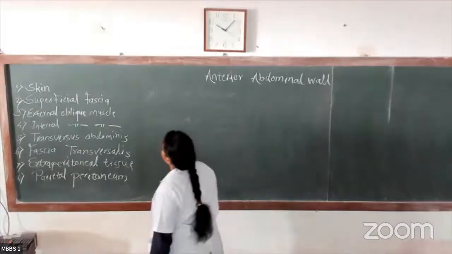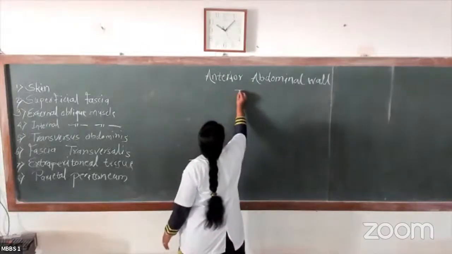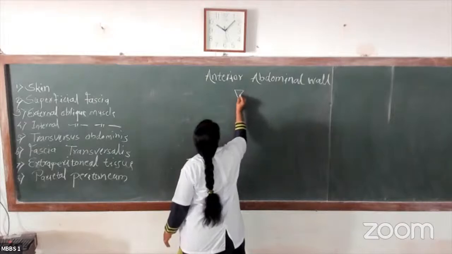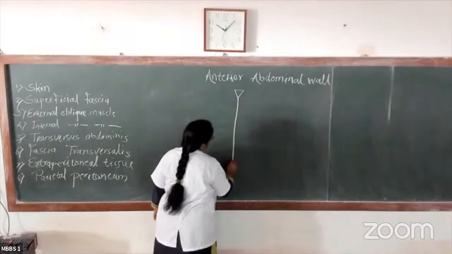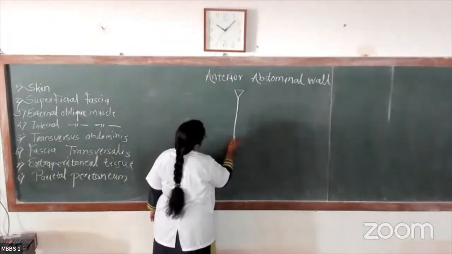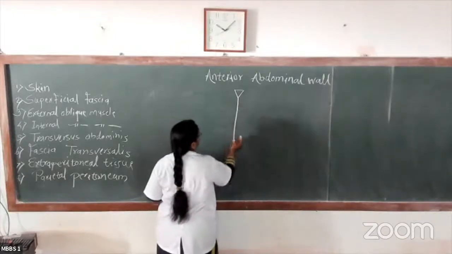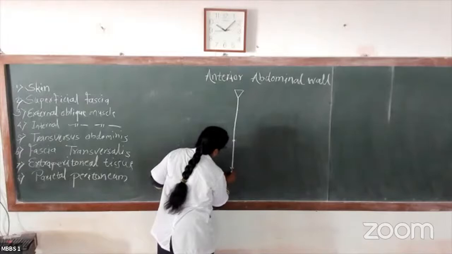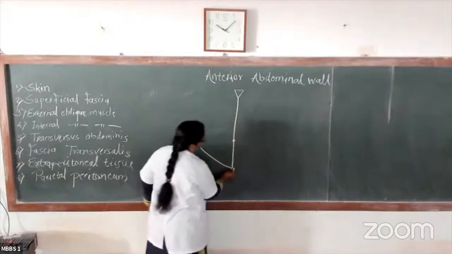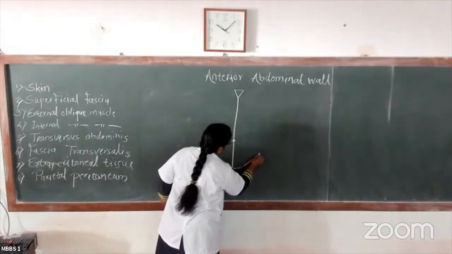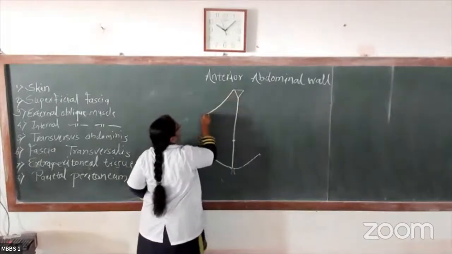Now, the skin. This is the xiphoid process. This line represents the linea alba. This is the umbilicus. Here is the pubic symphysis. This is the fold of groin. This is the costal margin.